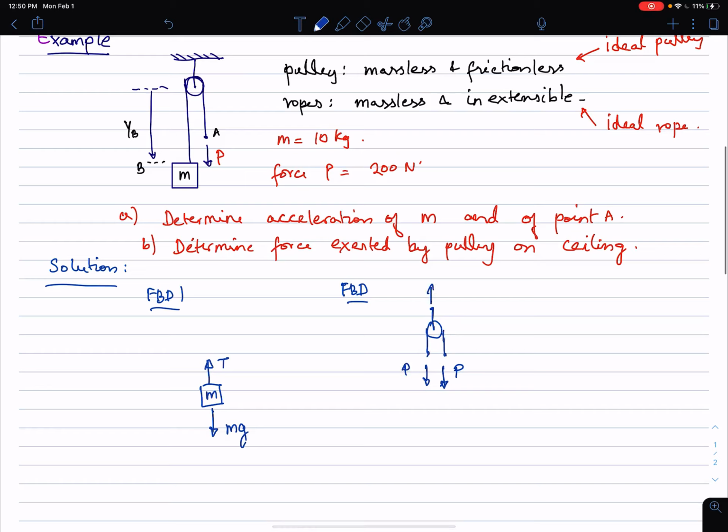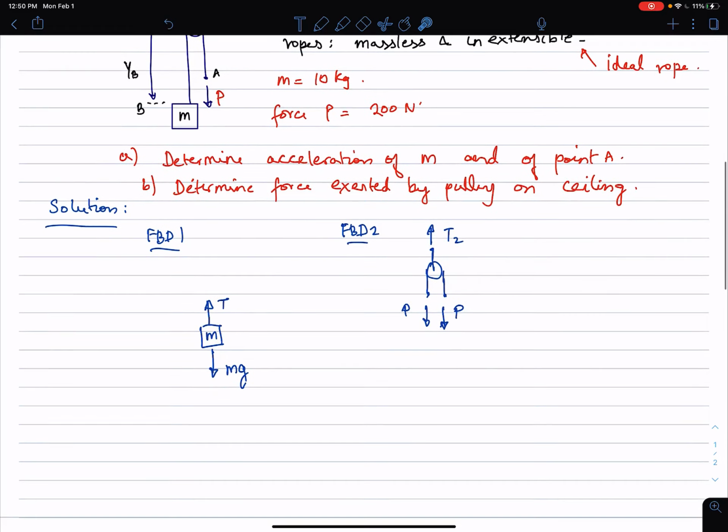And then here, it's going to be something else, like T2 or something. Okay, this is a different rope, so the tension in this part of the rope is going to be different. So we can call this T2 or even T. So that's free body diagram number 2. This is for the pulley. This is basically what is being asked in part B of this question.